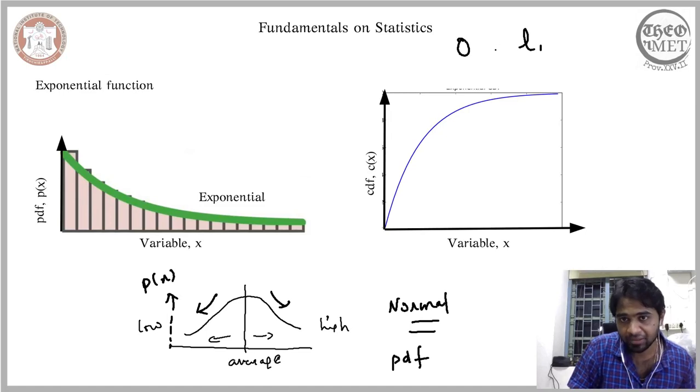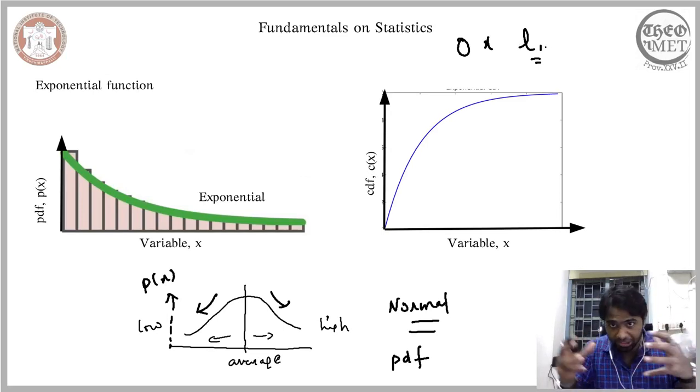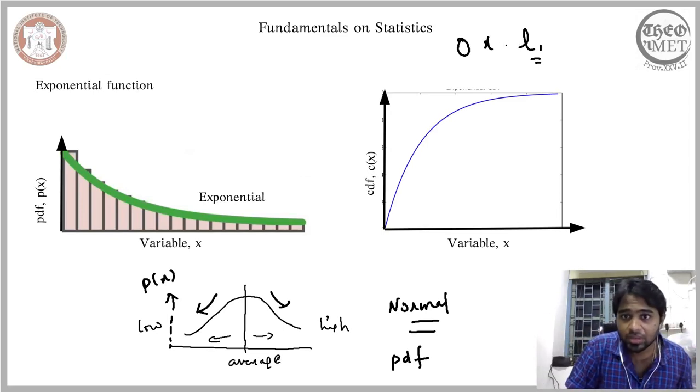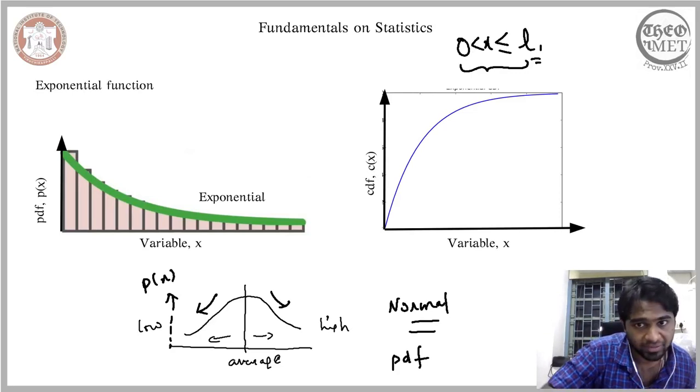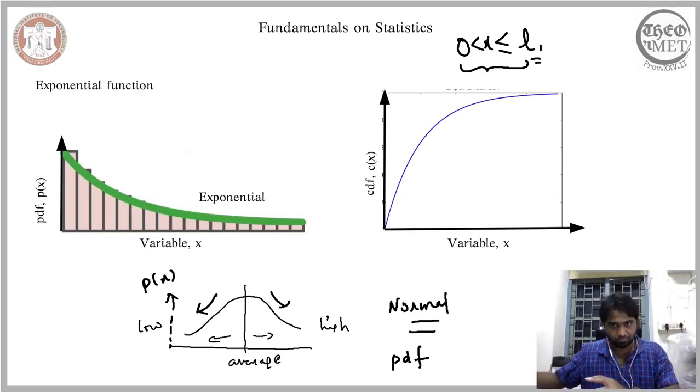So if I consider an alloy, this is the desired lattice parameter, and the range goes from 0 to L1. So if X is the variable, that is the lattice parameter the newly developed alloy can assume, it should be less than or equal to L1, and it should always be greater than 0. So the probability of an alloy assuming this range of lattice parameter can be estimated from the PDF.